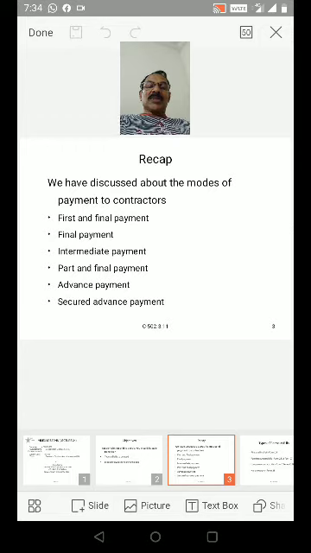Those modes of payment are: first and final payment, final payment, intermediate payment, part and final payment, advance payment, and secured advance payment.